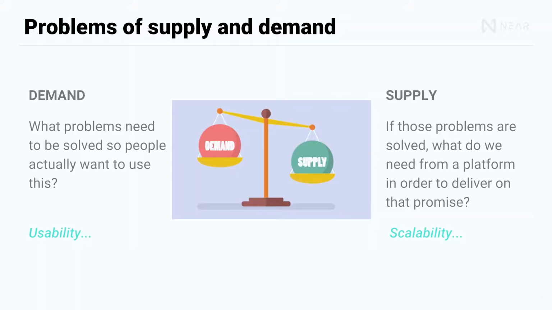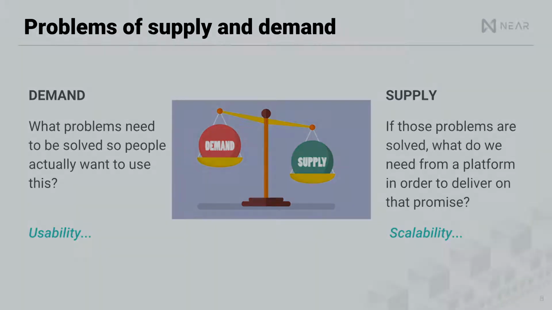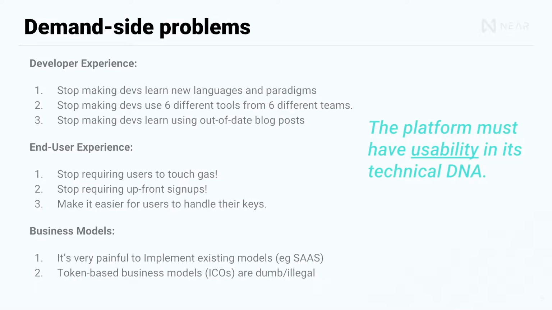So the way we're thinking of this is there are two arcs, right? There's demand, which is what do people actually want, how they want to use it, and there's supply, which is if you do use this, can you actually use it? Is there scalability there? So on the demand side, as I mentioned, there's developer experience. New languages, new paradigms, this is just the barrier to entry.